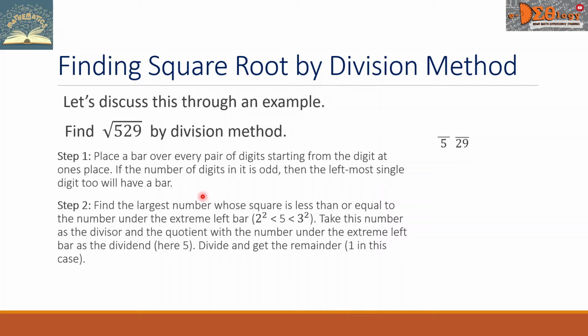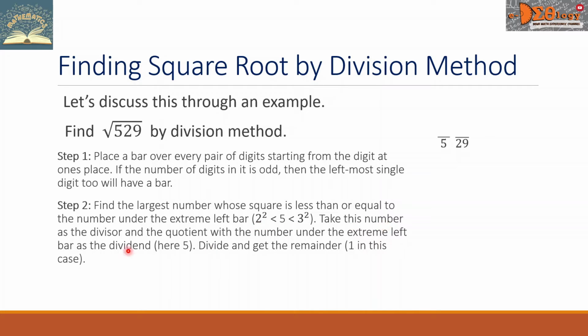We find the largest number whose square is less than or equal to the number under the extreme left bar. In here, this is number 5. Note that number 5 is between 2 square and 3 square. But in here, we're going to take the base 2.